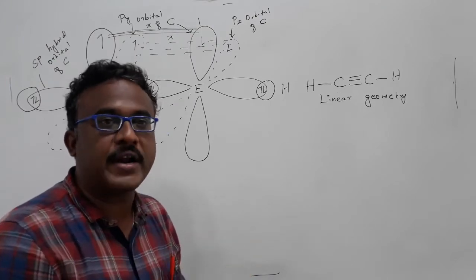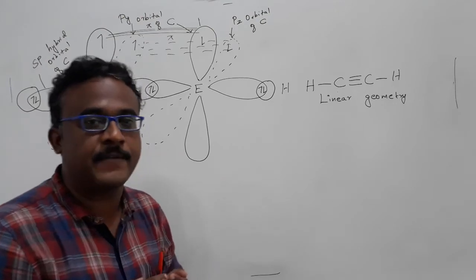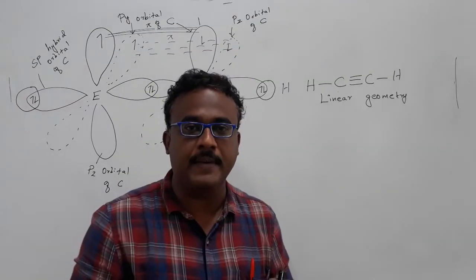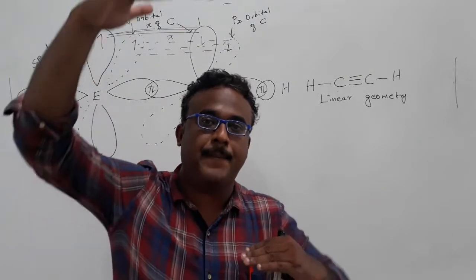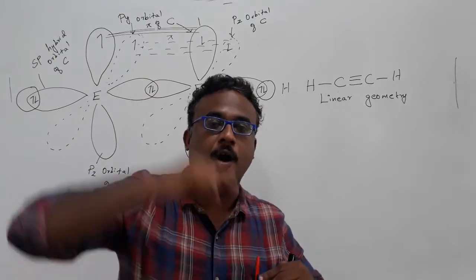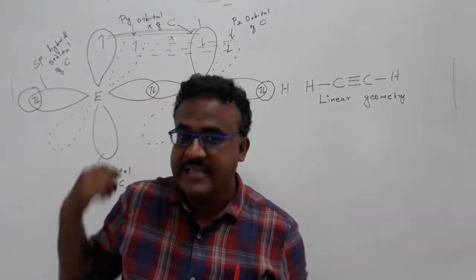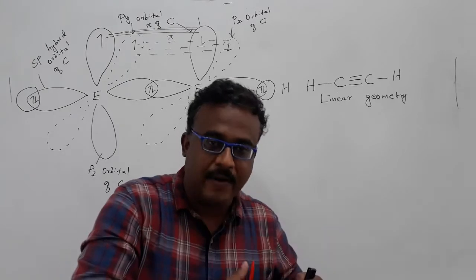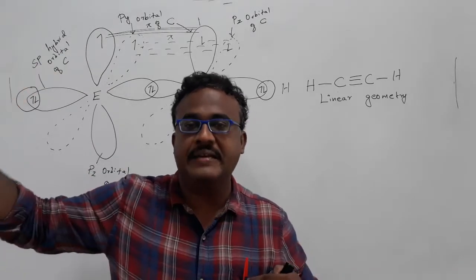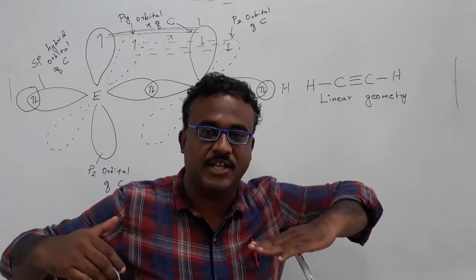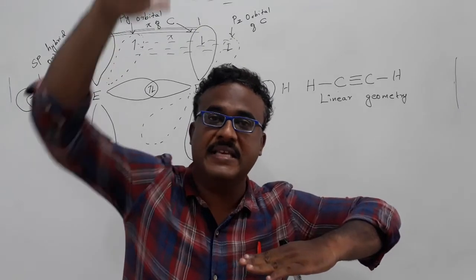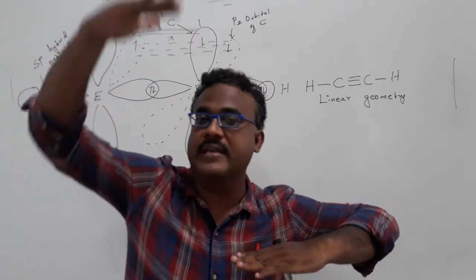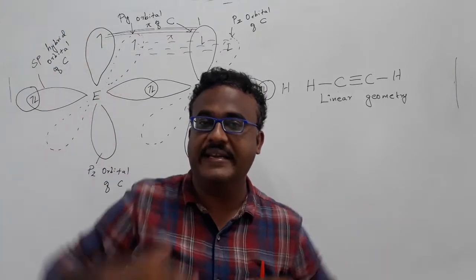I compared ethylene with disilene and distannene. In that case, we observed that the energy difference between the hybridized orbital and the p orbital keeps increasing when we go from carbon to lead. Similarly, in this case also, when we come from carbon to germanium, tin and lead, the energy difference between the sp hybridized orbital and the p orbital is increasing.